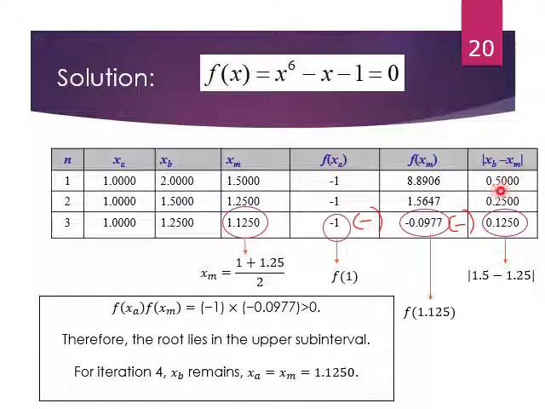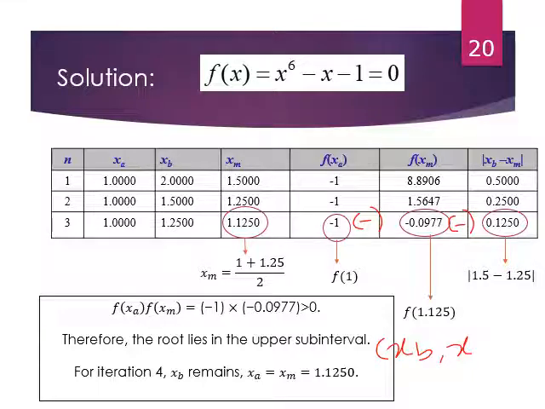As I mentioned just now, we only need to halve the error in the previous iteration, so 0.25 divided by 2 is 0.125. When we evaluate the multiplication of f(xa) and f(xm), minus times minus is a positive value. Therefore, the root lies in the upper subinterval.